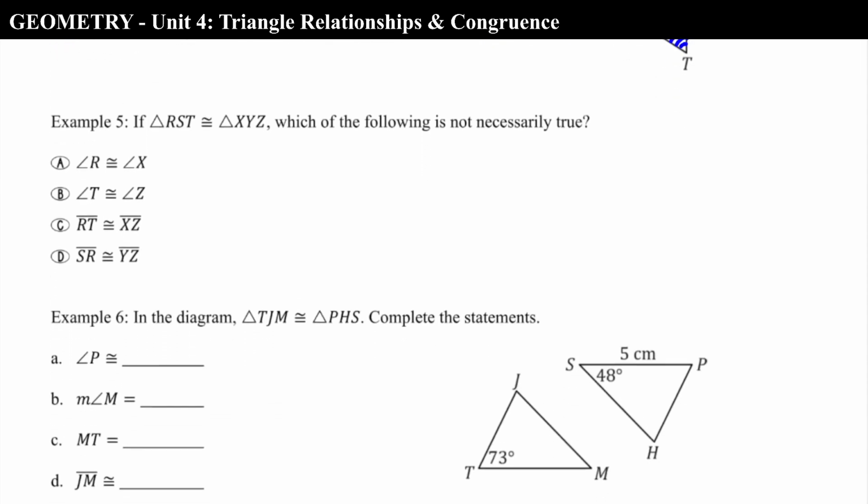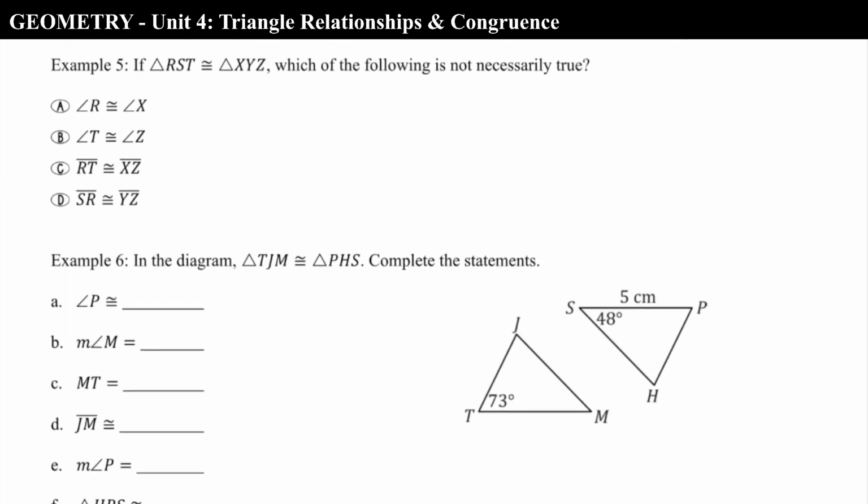All right, for example 5, if triangle RST is congruent to triangle XYZ, which of the following is not necessarily true? Well, let's write out our statements here. We know that angle R is going to be congruent to angle X. We know that S is going to be congruent to Y. We know that T is going to be congruent to Z. We also can say that RS is congruent to XY.